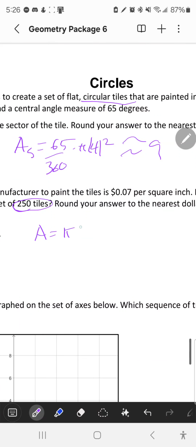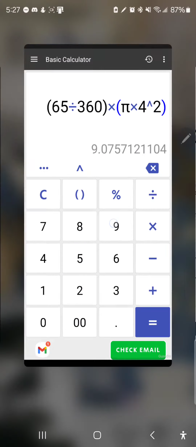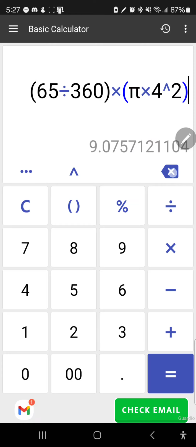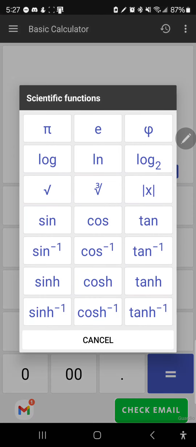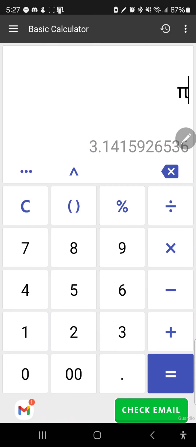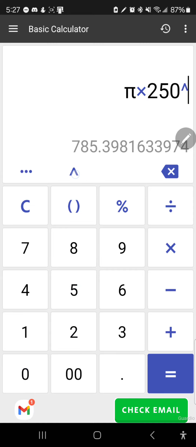So it will be pi r squared, so pi times 250 squared.